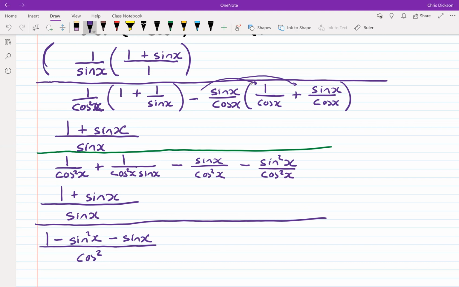So I'm bringing together the 3 cos squared x's. And on the end here, I'm going to write in my plus 1 over cos squared x sine x. That's right.